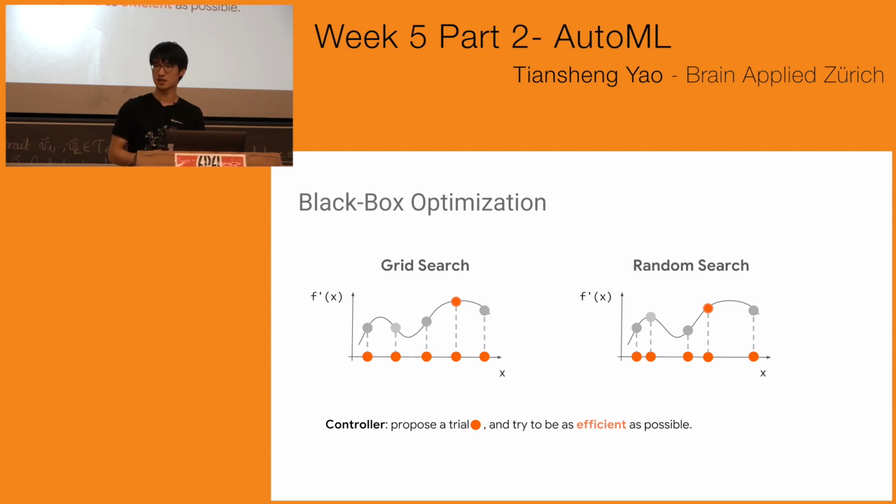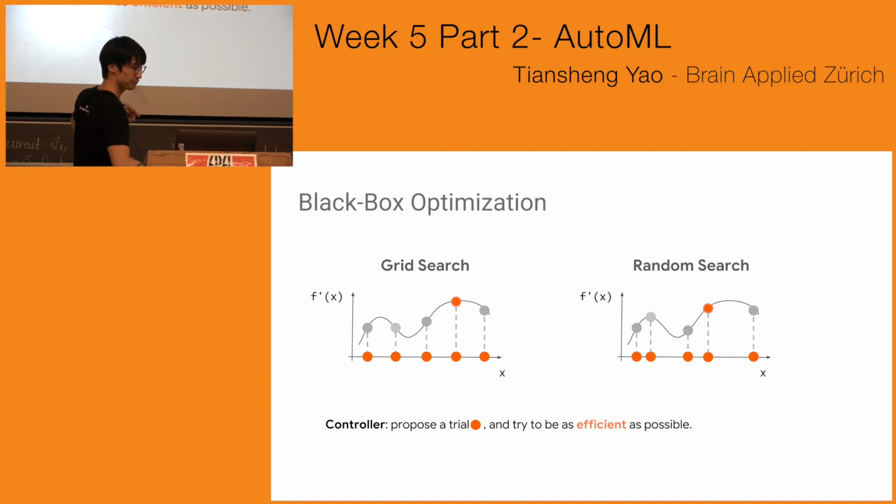Grid search proceeds like this: you have several candidates in mind, you feed them to your black box function f of x, and you get a bunch of results. And then from the results you get, you take the maximum.